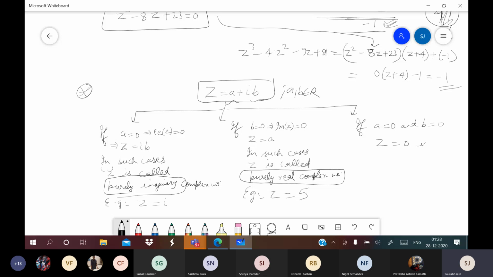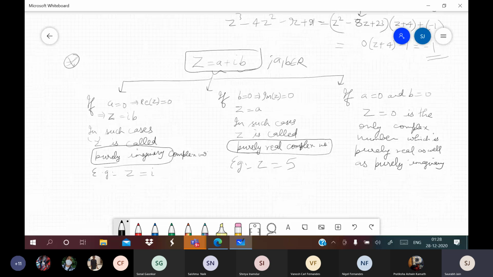It is the only complex number which is purely real as well as purely imaginary. So remember this thing. Simple terms, easy to understand. Just remember their headings, definitions, and the meanings of these terms. So only z equal to 0 will be that term. And remember this thing, Re z, Im z. These kinds of notations.